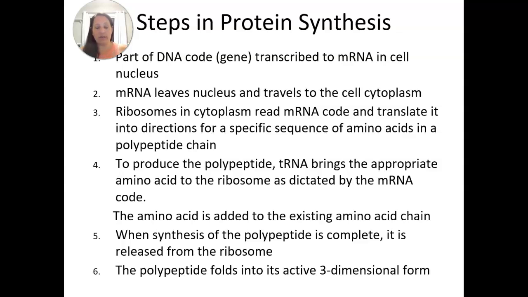Water is removed, peptide bonds are formed. When the synthesis of the polypeptide is complete, it gets released from the ribosome, and then that polypeptide will fold into its active three-dimensional form and maybe associate with other polypeptides. Okay, so again, that's the summary of protein synthesis. And that's it for part 2 of the chapter.